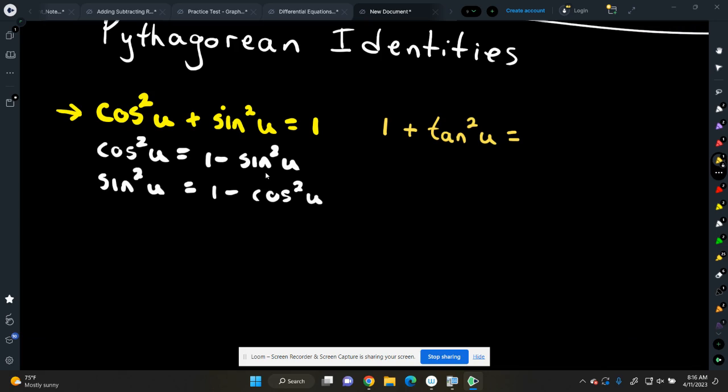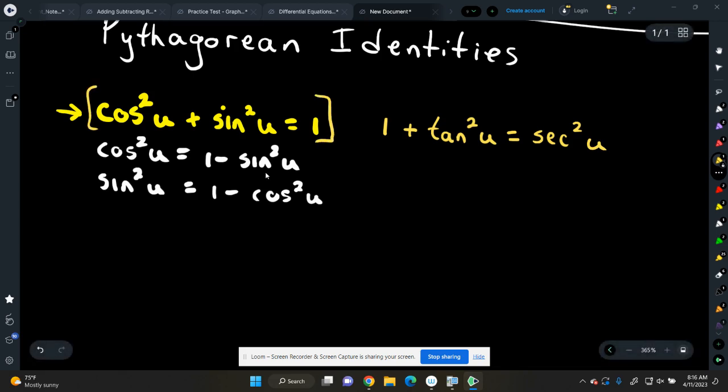What is 1 divided by cosine squared? Secant, yes. So there's our next Pythagorean identity. And all I did was divide everything by cosine squared. Okay?